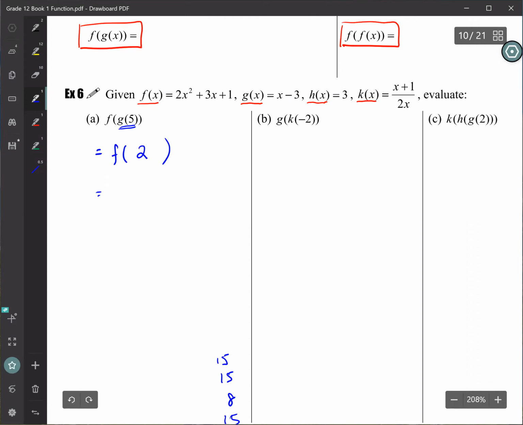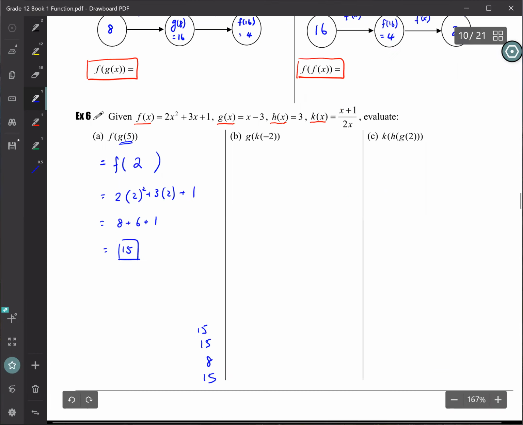And then 2 will go into the f. F is much longer, so you can do it step by step. 2 squared plus 3 times 2 plus 1. So 2 squared is 4, 4 times 2 is 8, 8 plus 6 plus 1. So that gives you 15. Okay, so that should be 15.